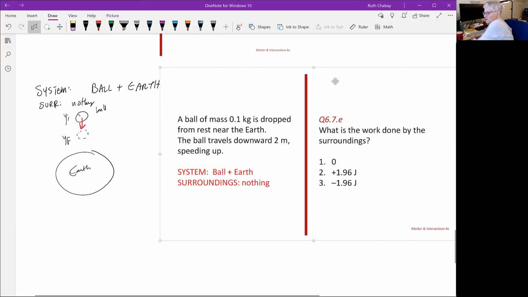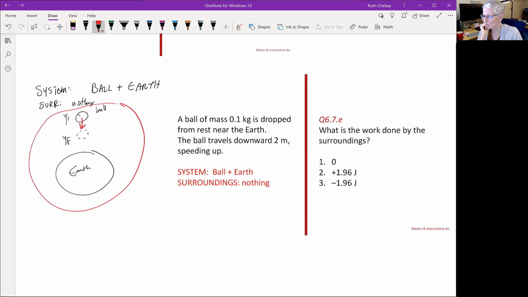The surroundings, there's nothing significant in the surroundings. So what is the work done on the system by the surroundings here? So play the game. We've picked a system. It's the ball plus the Earth. So here's our system. So just apply the definitions.